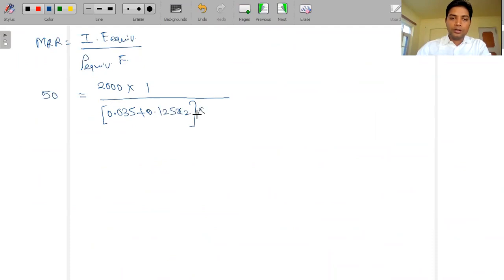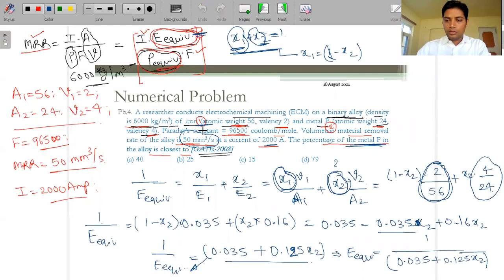Sir, should this be minus 0.125 x2? No, it should not be minus, Aman. Yes, sir, it is plus only, because 0.16 is greater than 0.035, so whatever value you calculate will be positive only.